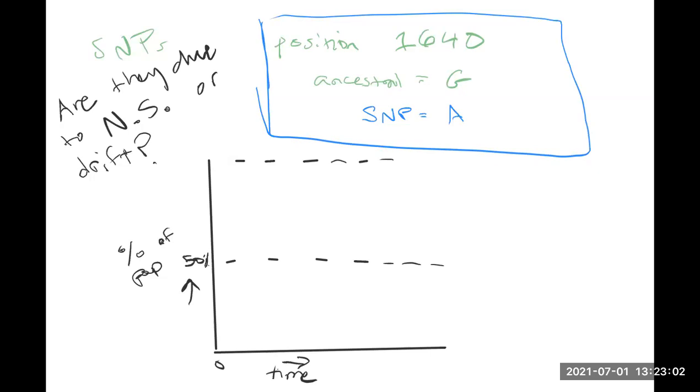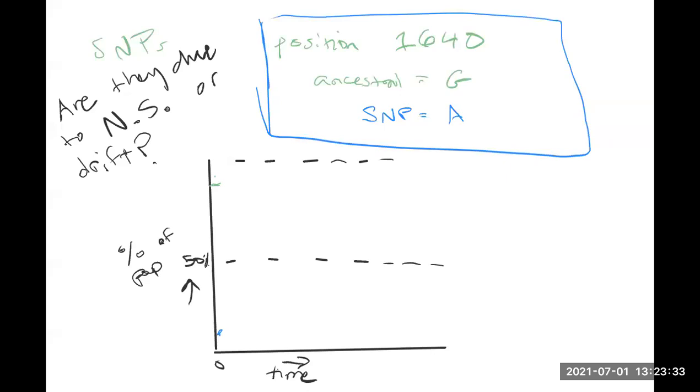SNP. For example, I just made up a position in a genome here, and in this part of the genome, originally in the ancestral state, there was a G. Maybe at time 0, most of the population had a G in this position 1640, we'll say like 80, 90% up here, and very few individuals had an A at this position.